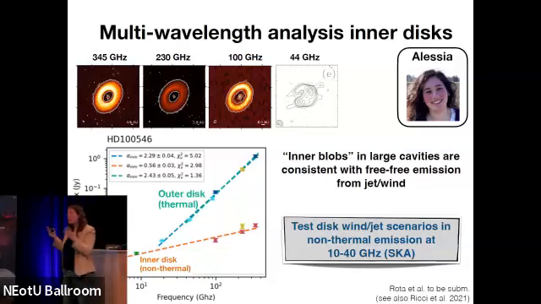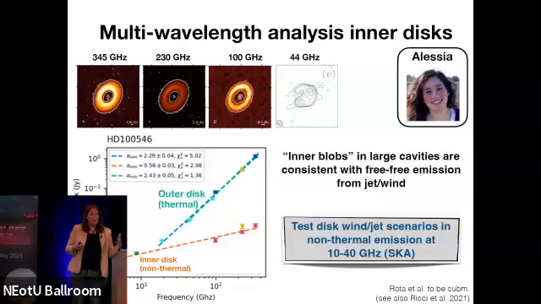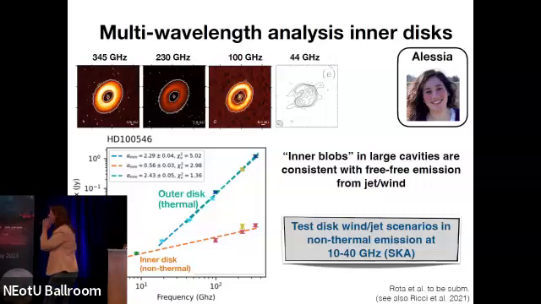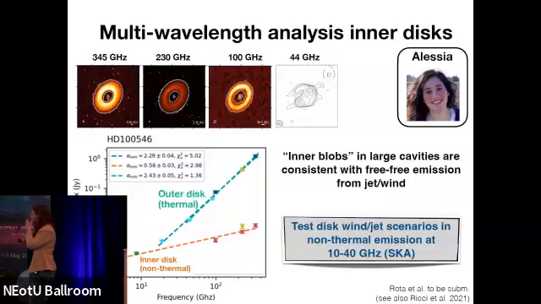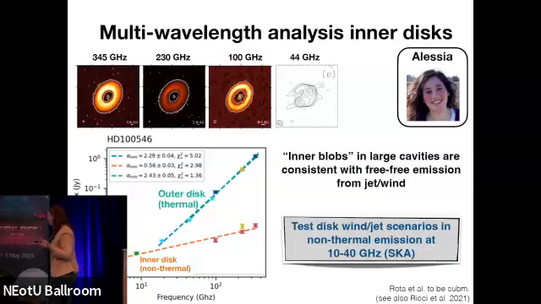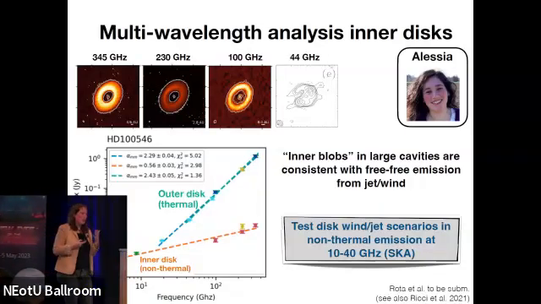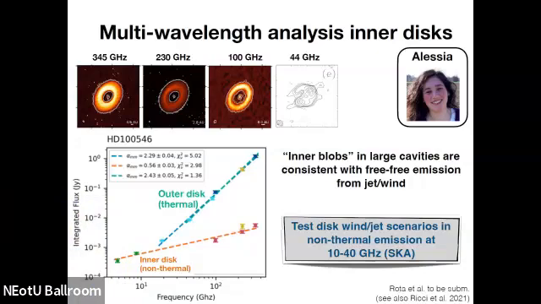So these inner blobs in transition disks can actually help us to resolve free-free emission from the jets or the disk wind from the contributions of the outer disk. And obviously here, studies in the 10 to 40 gigahertz regime will really help us to get more information about these jets and hopefully tell us more about the disk evolution process.